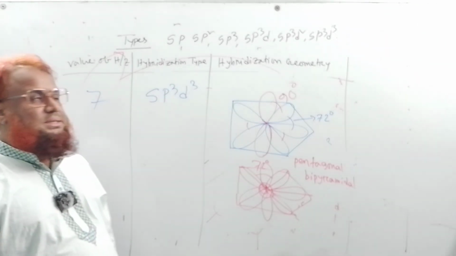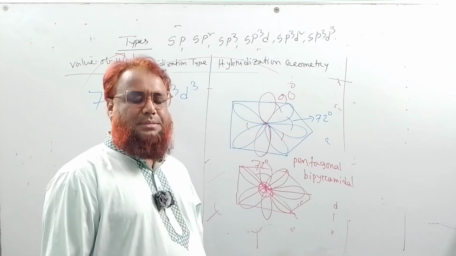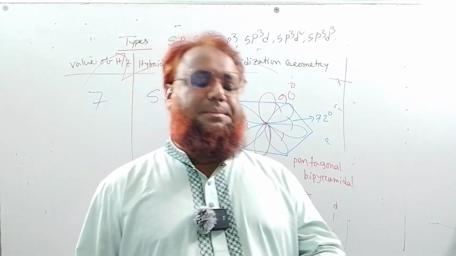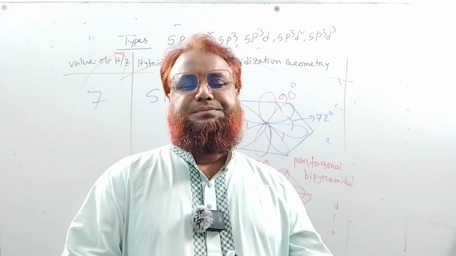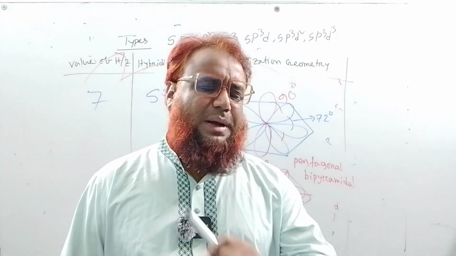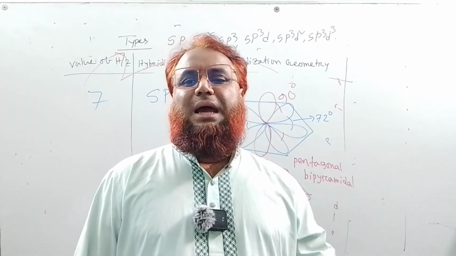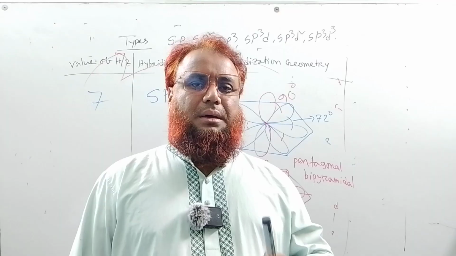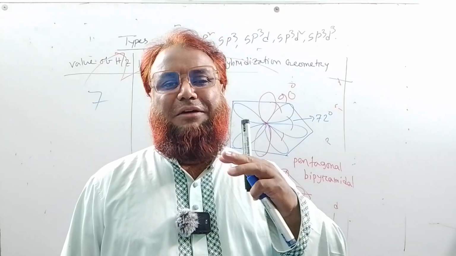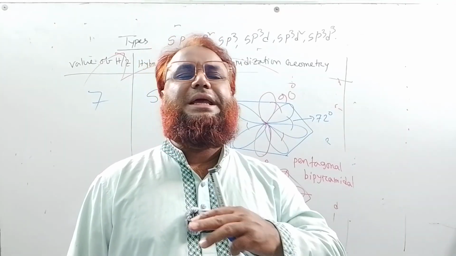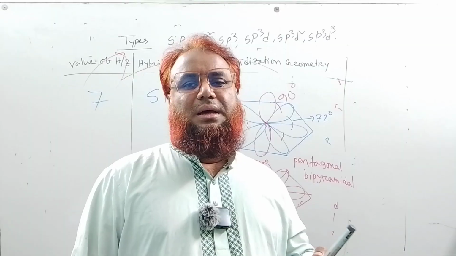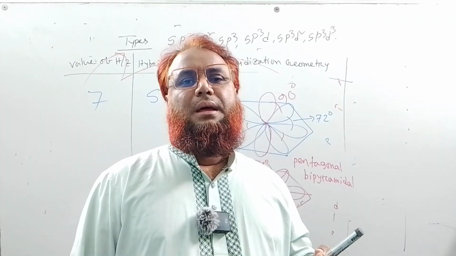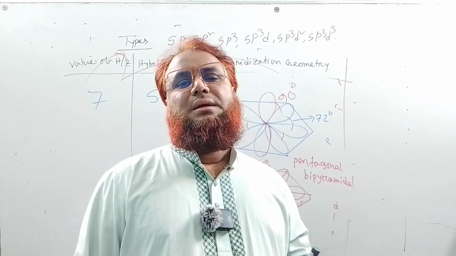So my dear students, in this video we have discussed the definition of hybridization, the types of hybridization and the geometry of these types of hybridization. But every type of hybridization has many examples and a huge discussion with their bond angles.